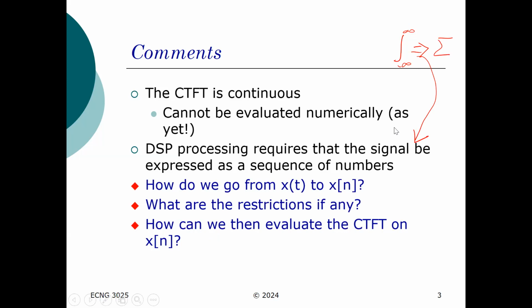So how do we go from x(t), which is continuous time, to x[n], which is discrete? Do we have any restrictions? And if we have x[n], can I now put x[n] into my equation for the continuous time Fourier transform and get it to work? Let's answer some of these questions at least today, and the rest we're going to do on Wednesday.